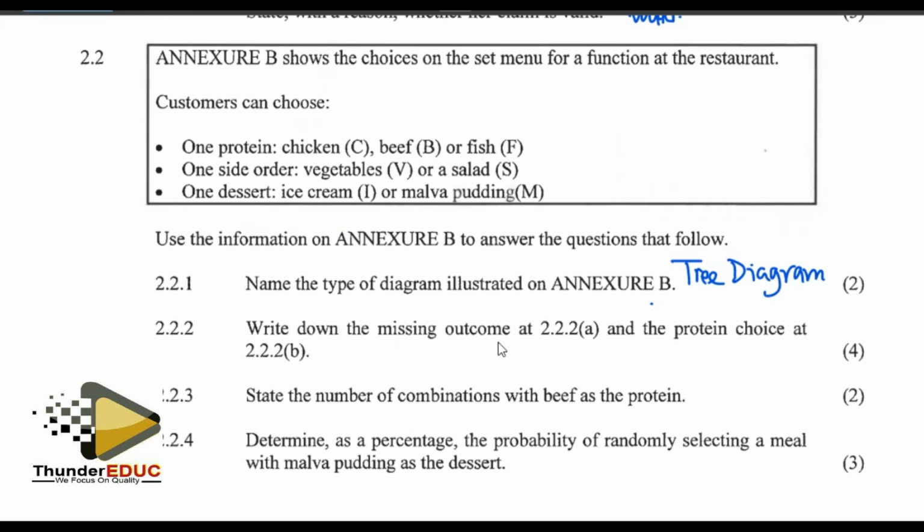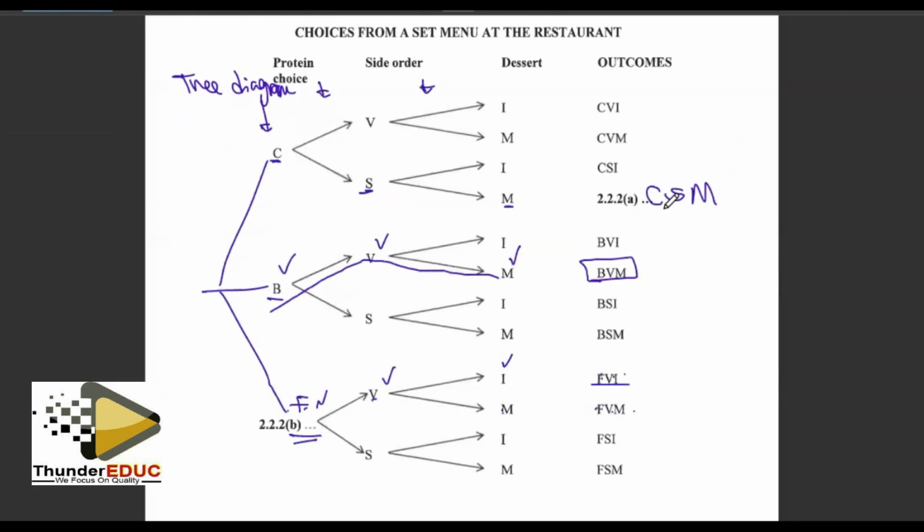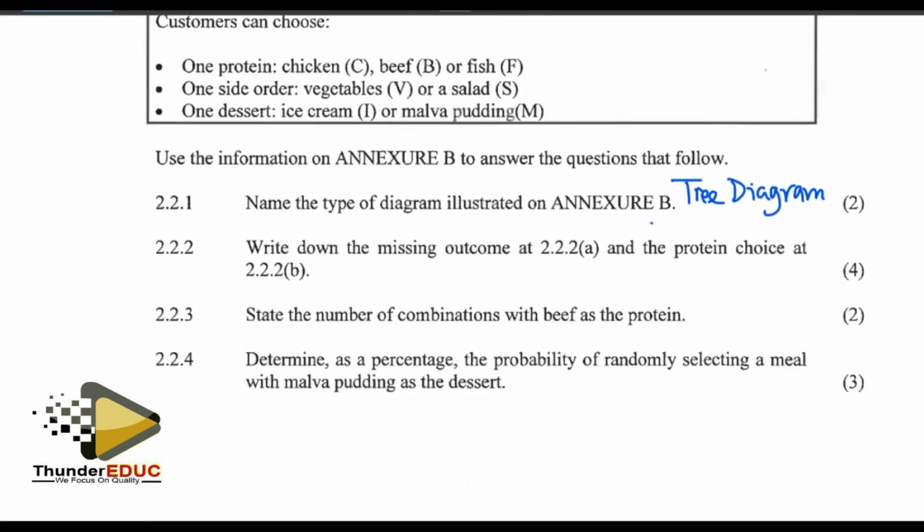We've already seen them from the annexure, which were A is CSM, and the B was F, fish. Say the number of combinations with beef as protein. These ones are 4. There are 4 combinations.